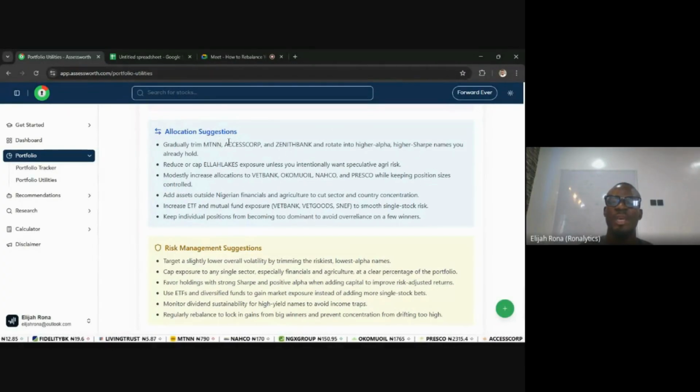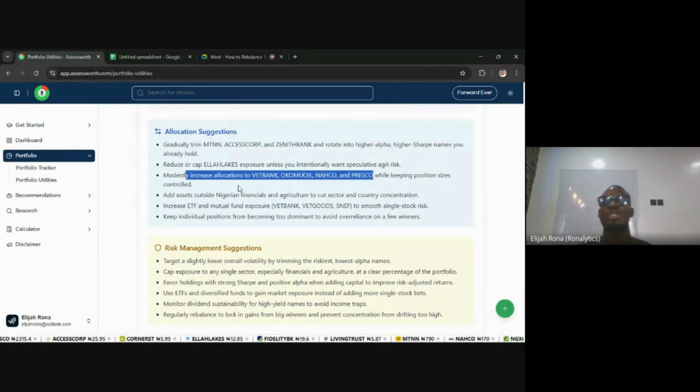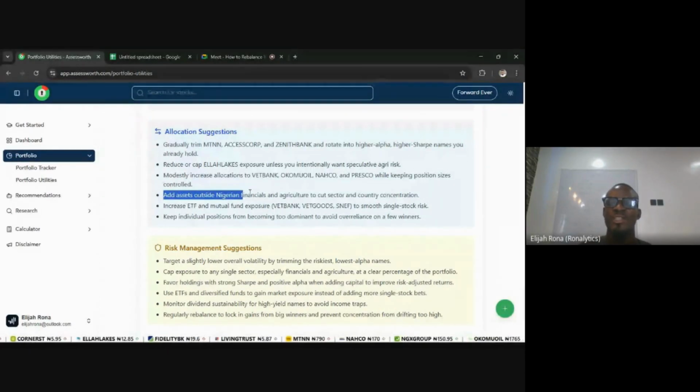Gradually trim MTN, Access Corp, Zenith Bank, and rotate into higher alpha, higher Sharpe, reduce or cap Ella Lake exposure unless you intentionally want speculative agri-risk. Modestly increase allocation to Wema Bank, Okomu, NAHCO. So it actually gives you, okay, see more, add assets outside Nigerian financials and agriculture to cut sector and country concentration.